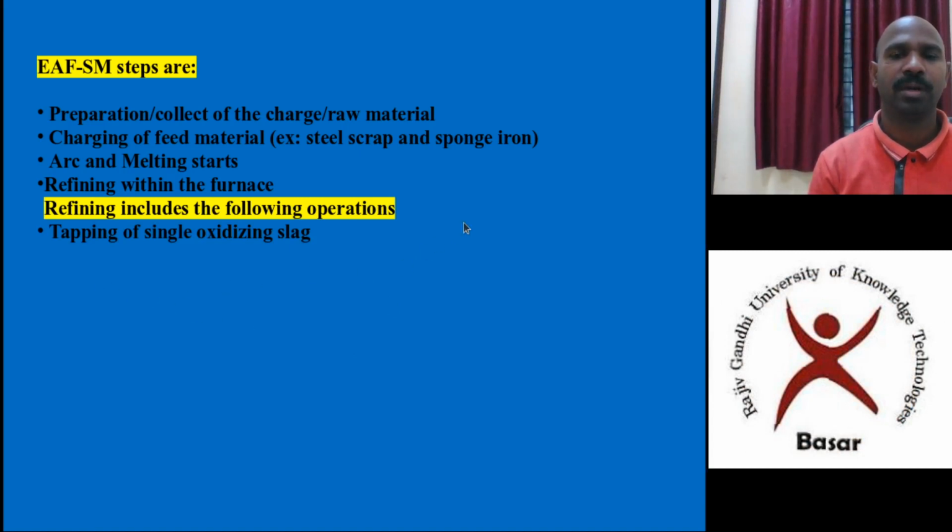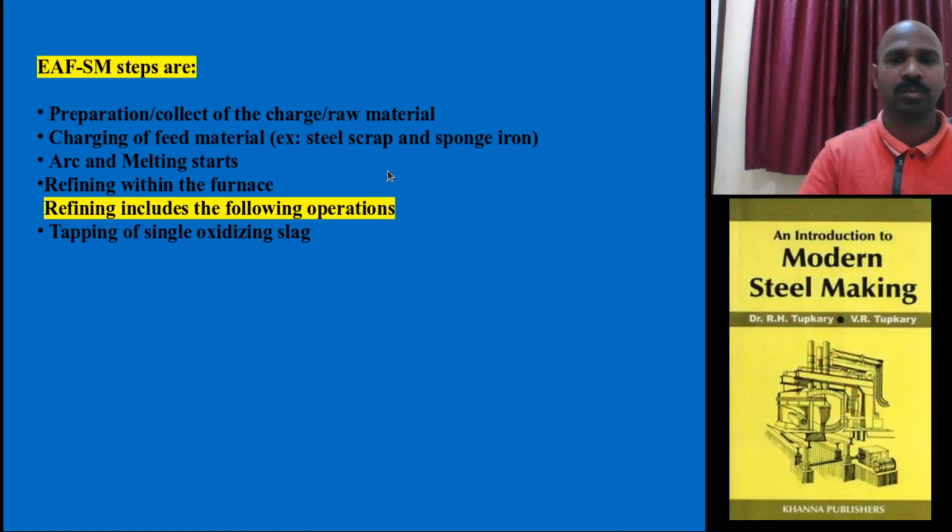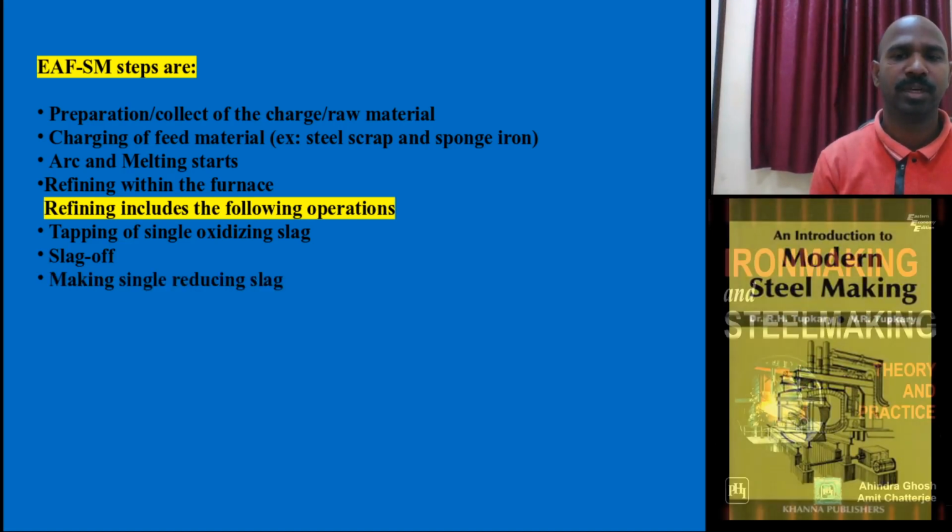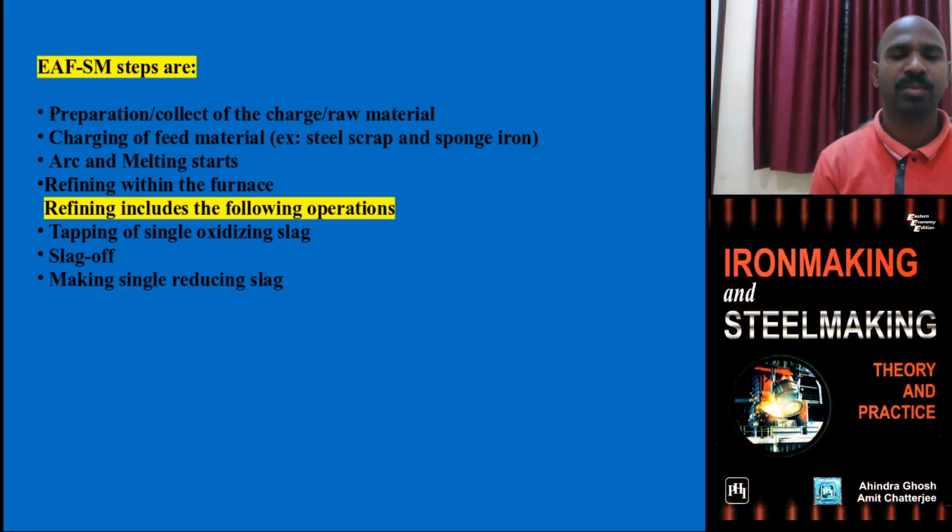First, if you are using oxidizing slag with scrap, the oxidizing slag is removed. Then after the slag removal, the power is switched off, and a single reducing slag is made for the removal of sulfur.